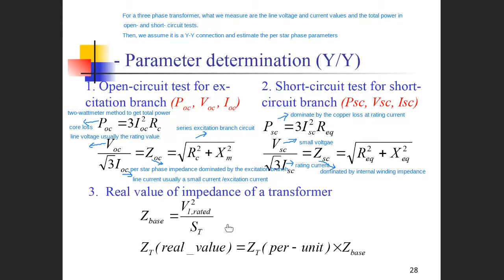Then for the per unit value of a given transformer, say 5%, you multiply by the base values, and that's the real value in ohms. Now, the base values referred to primary or referred to secondary will be different.